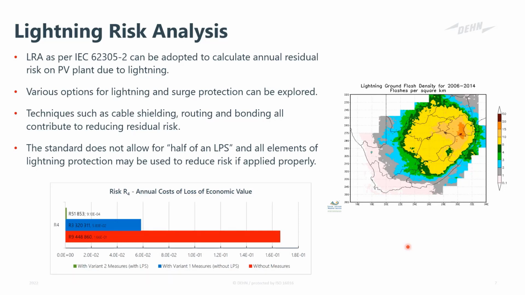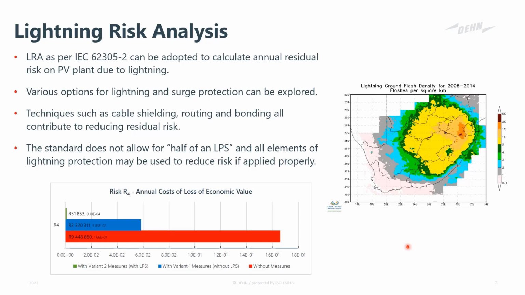As I mentioned before as well, the standard does not allow for something like half of an LPS or half of a lightning protection system. You need all the elements of a lightning protection system, and they all must be compliant to make sure that you have a compliant lightning protection system.